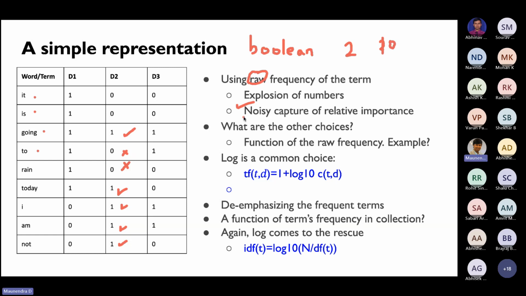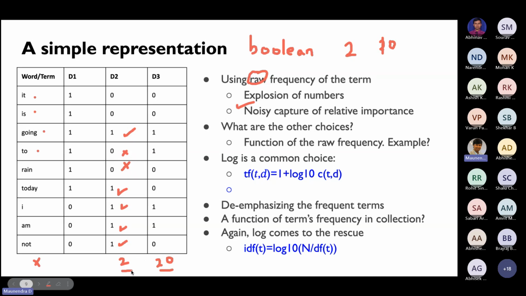Now, if we use the raw term frequency, then for the first document we are storing 2 here, and for the second one we are storing 20 here. So that somehow gives an indication that the importance of this term is 10 times more in this document as compared to this document.